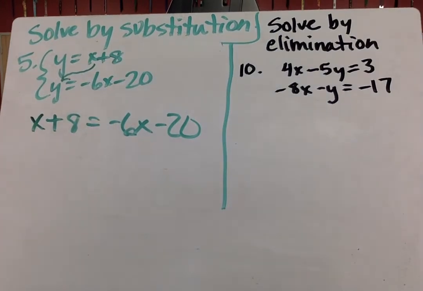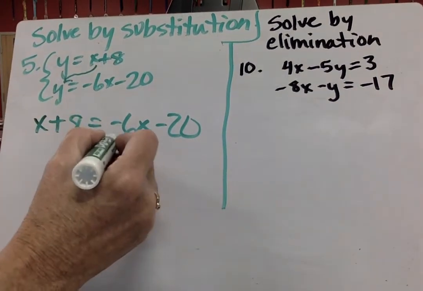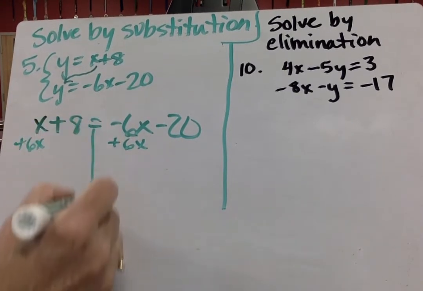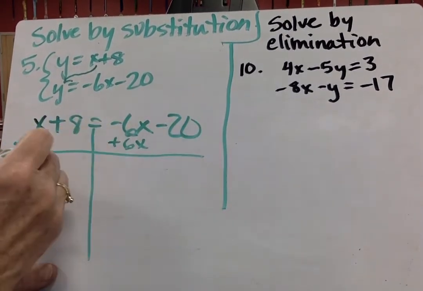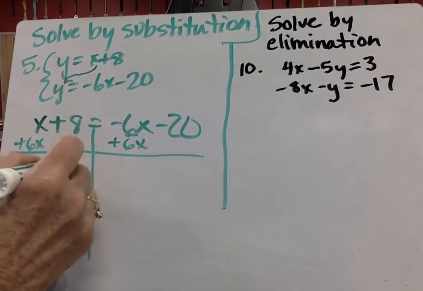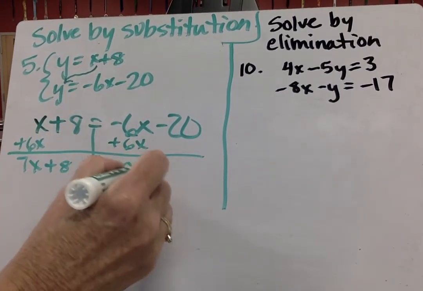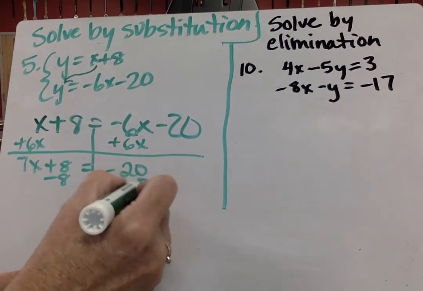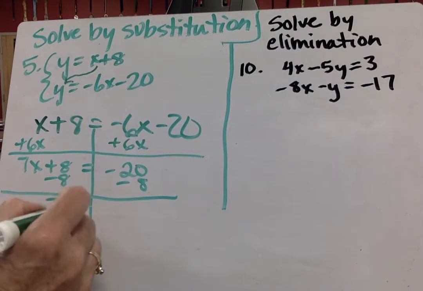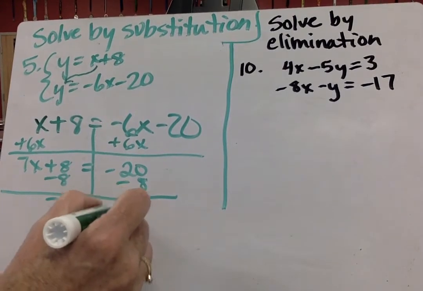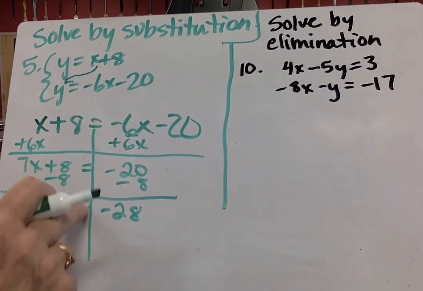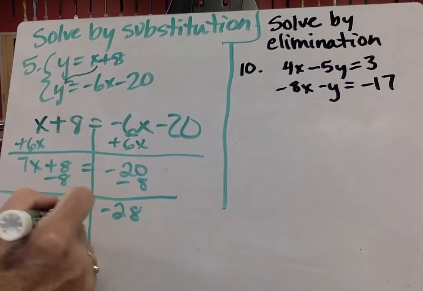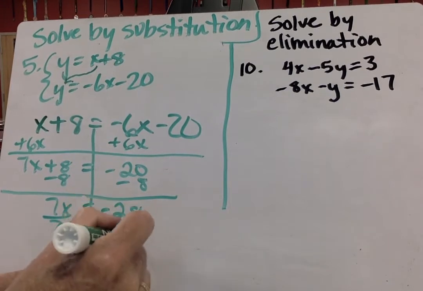Okay, so step by step here, I'm going to add 6x here. So I say 7x plus 8 equals negative 20. Then I say minus 8 on both sides. So 7x equals negative 28. Divide by 7 and you get a gorgeous number here.